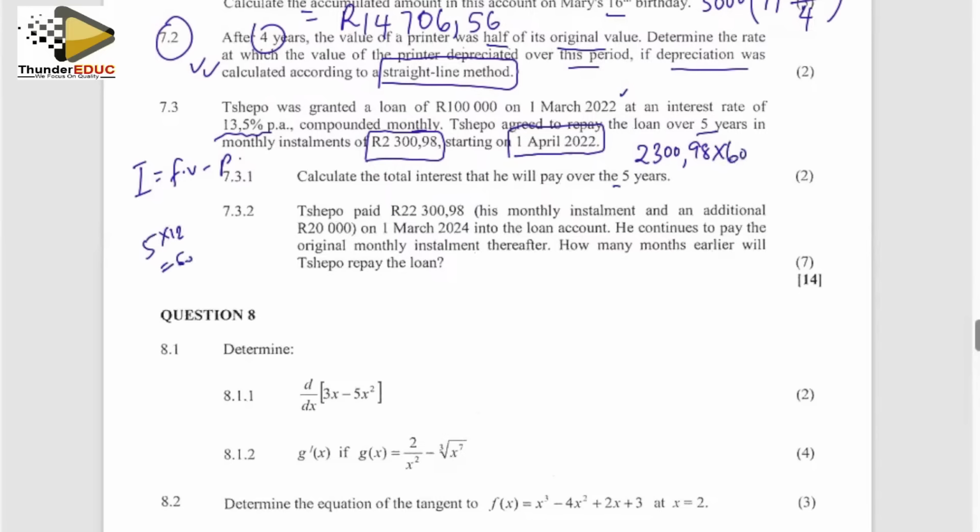So times 60, this amount, you subtract your 100,000. The extra is what Tsepo paid. So that's going to be 38,058.80. So that is the extra that Tsepo had to pay.